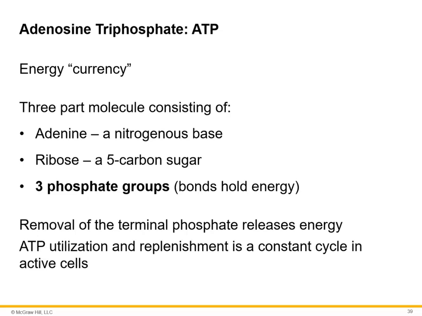And it has 3 phosphate groups, right? Adenosine triphosphate. So 3 phosphate groups, and it's those phosphate bonds that hold energy. In fact, it's the final phosphate. If you take that off of the molecule, it's going to release energy. And the cell is going to use ATP for its reactions that require energy.